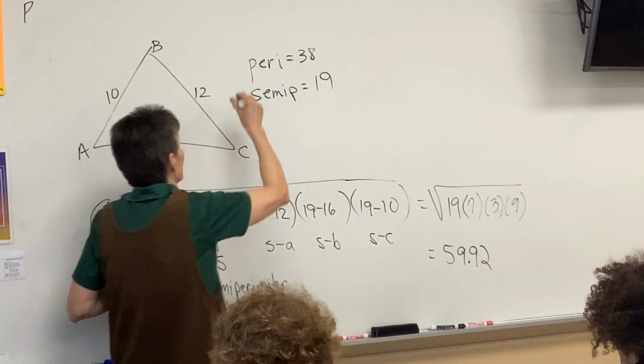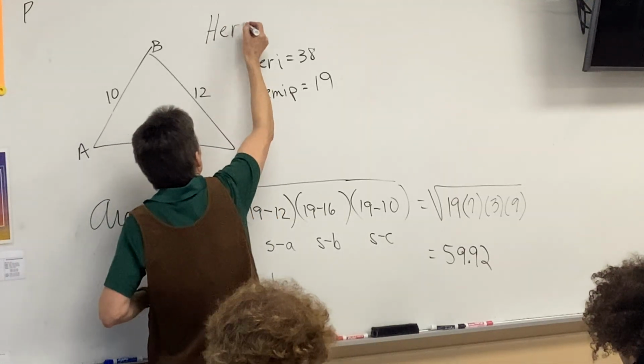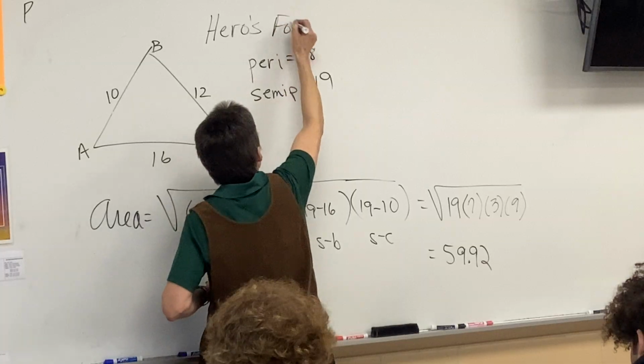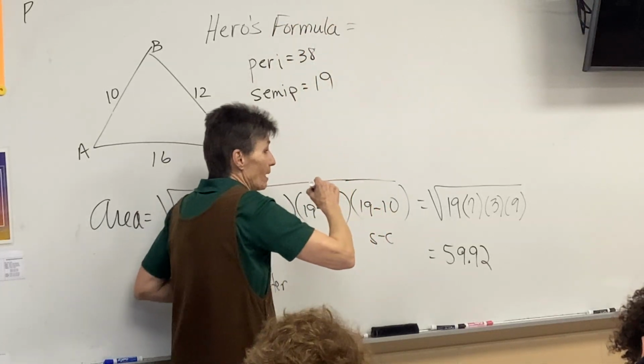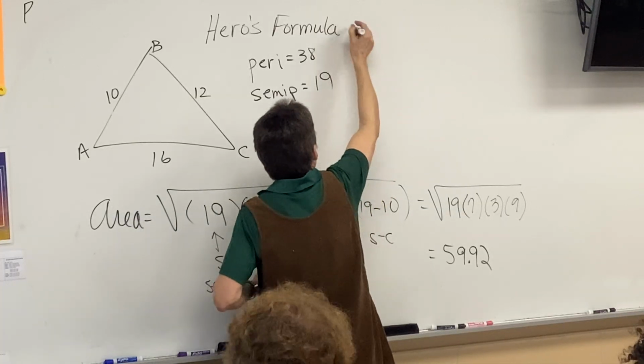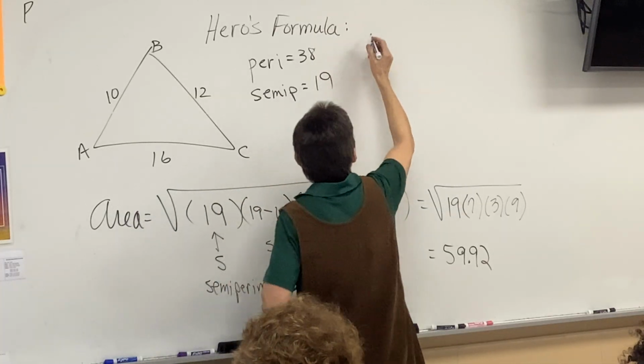This formula is called Hero's formula. The guy's name was actually Heron of Alexandria, but it's abbreviated to Hero's formula.